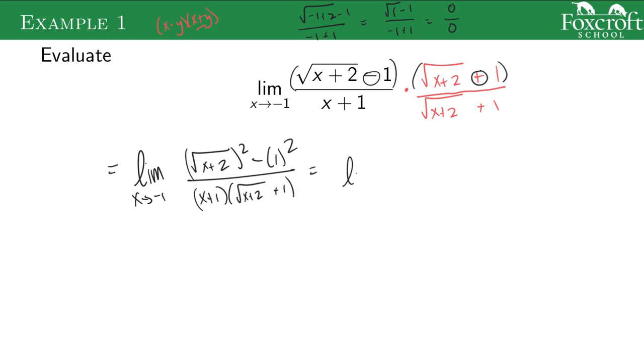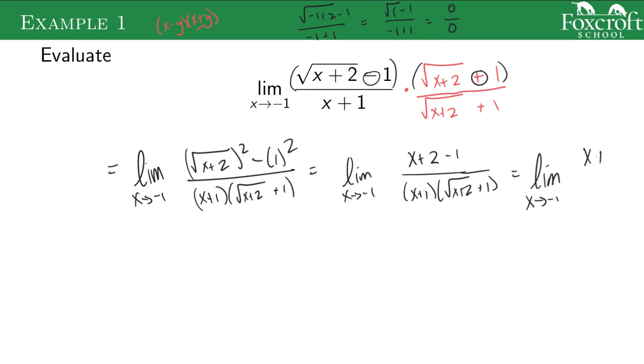Now we can do a bit of simplifying because we have that rule that says if you square a square root, the square root just goes away. So on the front of that fraction, the square root of x plus 2 squared, the square root and the square cancel, and I just get x plus 2. 1 squared is 1 on the bottom. And then x plus 2 minus 1, if I combine like terms, that is x plus 1.